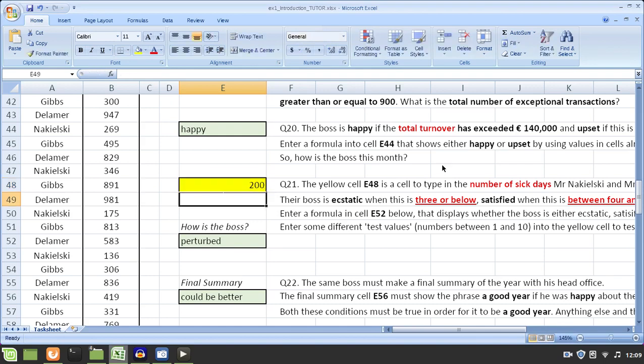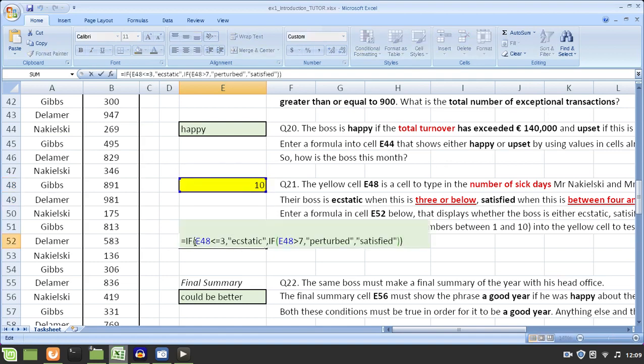So once again, how is the boss? Well, this is a nested if statement, 3 possible outcomes. First outcome are the low ones, the second outcome, the high ones, and the third outcome, what's left is in the middle. I hope you're not too perturbed by this if statement or this nested if statement.